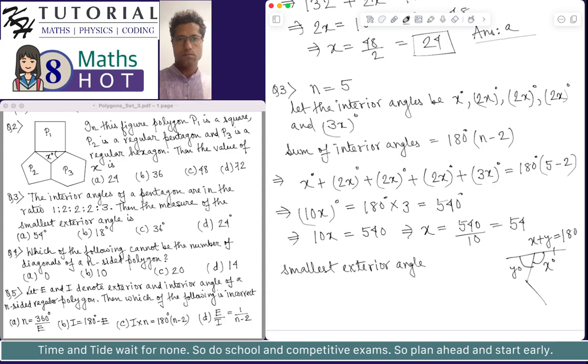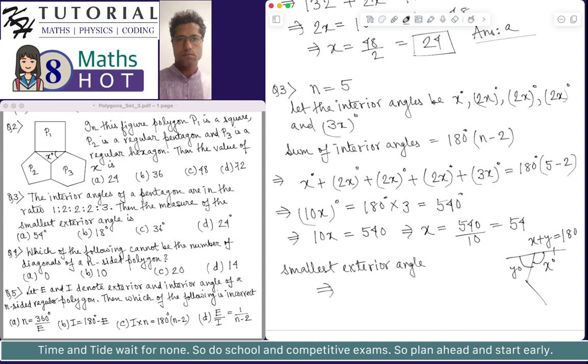Now if you make the x as small as possible, the y will increase, y will become as large as possible, and vice versa. If you want to make x as small as possible, then y will be large.